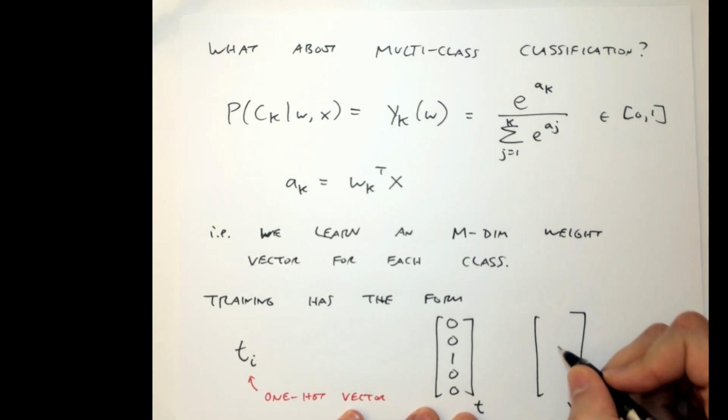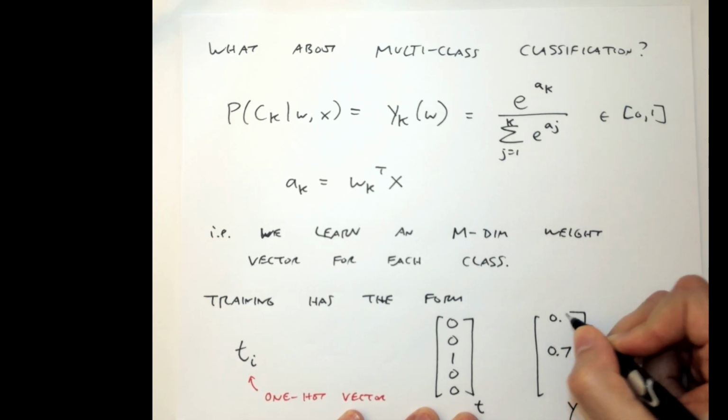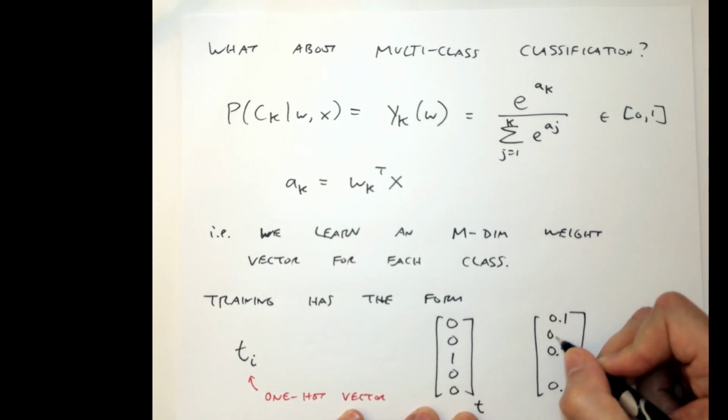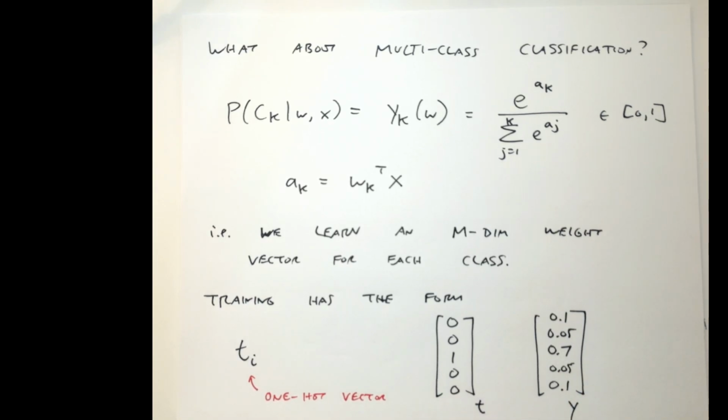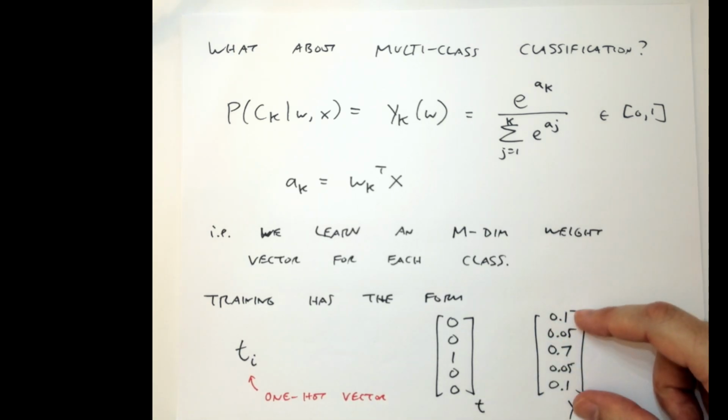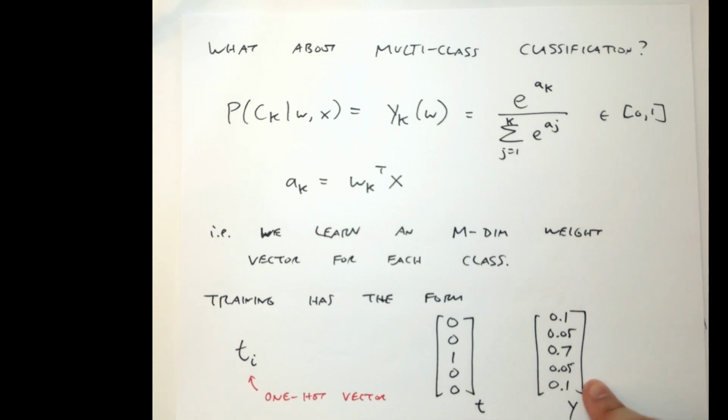But my y vector is a vector of probabilities. Maybe my y vector looks like this. So I'm trying to push the y vector, which is a bunch of continuous numbers that look like a set of probabilities adding up to 1, over to this binary vector. I need to make these two things as similar as possible.